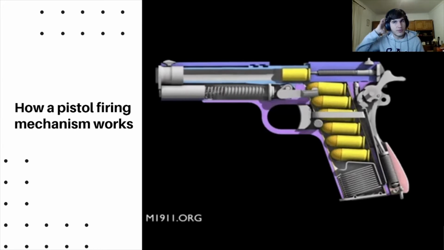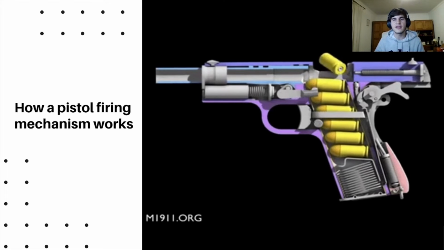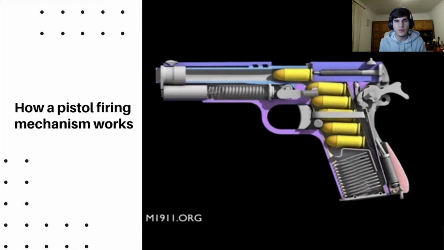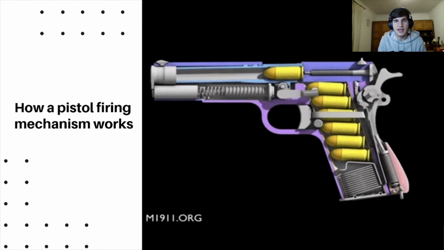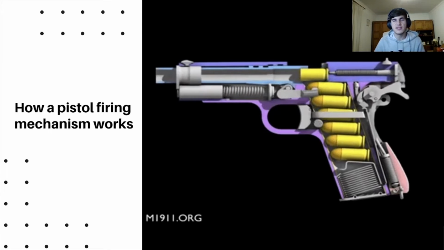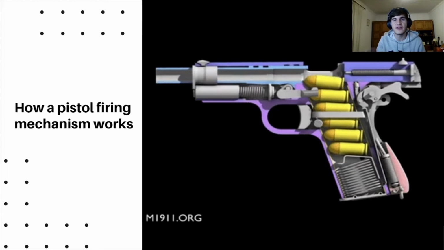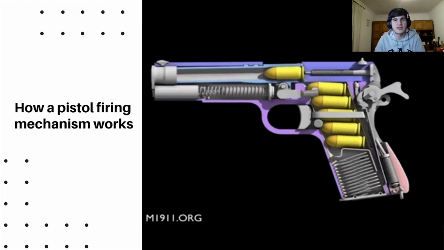In this short video, we can see how the firing mechanism of a gun works. We have the firing pin, which is what strikes the bullet casing, and it's at that moment that the projectile is fired from the casing, from the weapon.